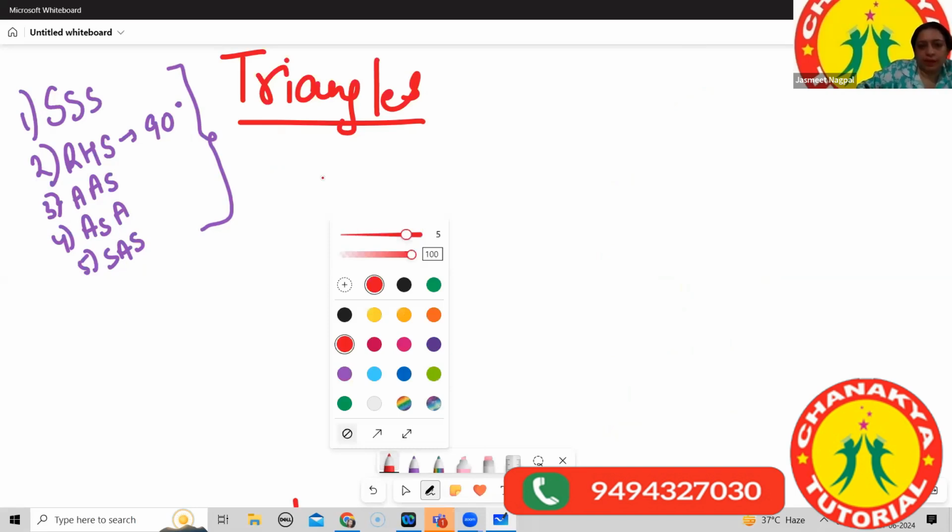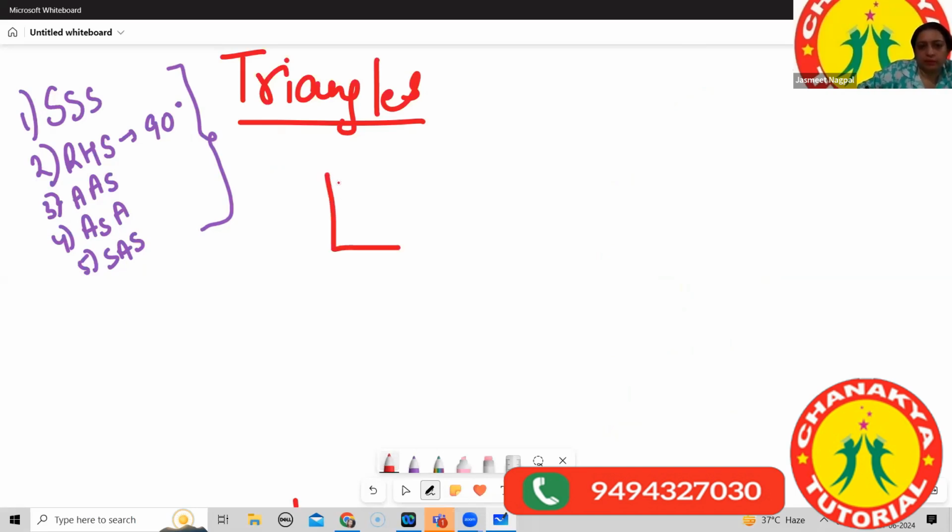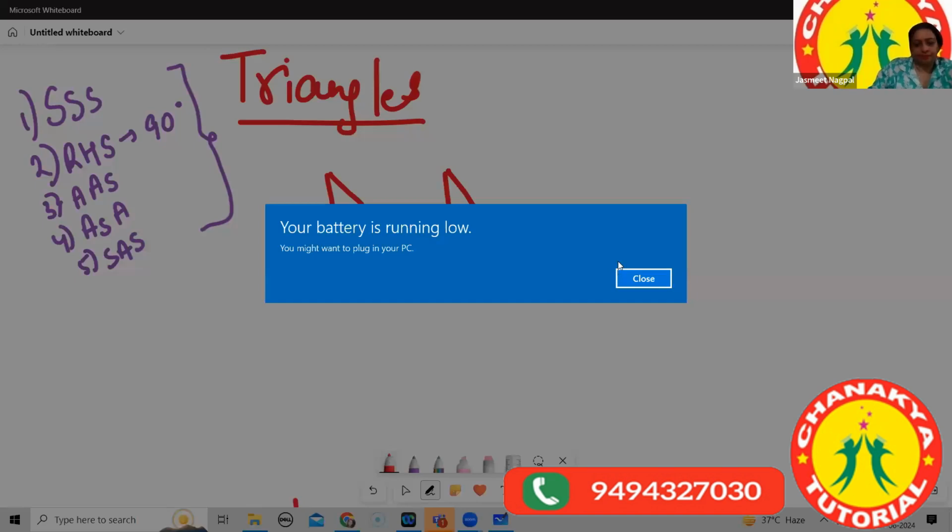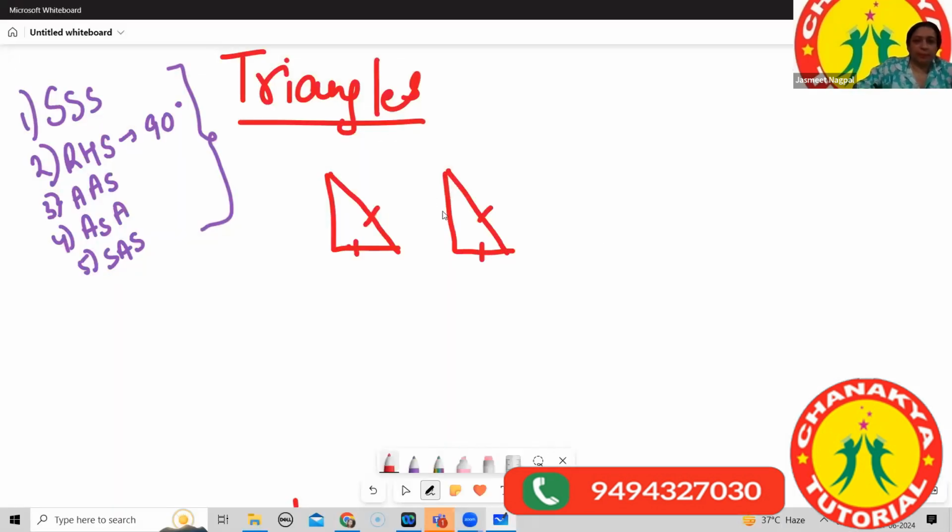Suppose this is two right angles. If you see that this is 90-degree, then they will be congruent if their hypotenuse are equal, if their bases are equal, if their perpendicular sides are equal. But you will not write by SSS or SAS, only you will write this is RHS congruency criteria.